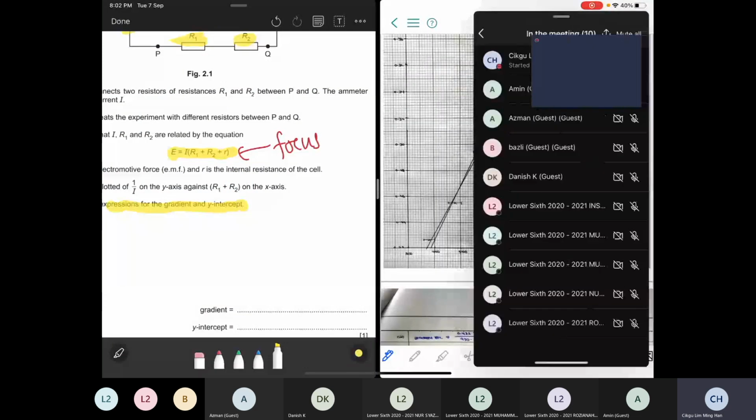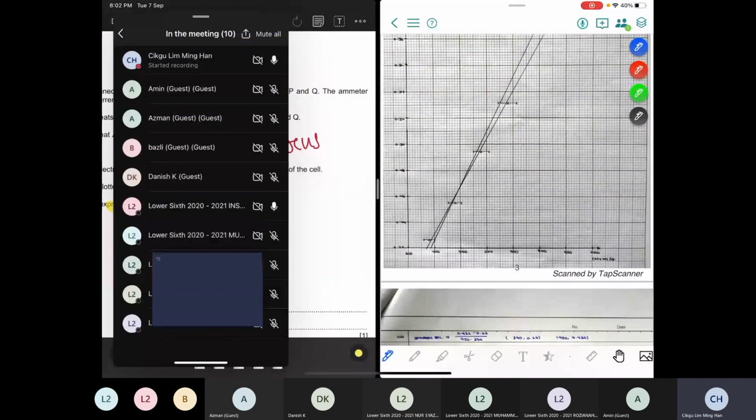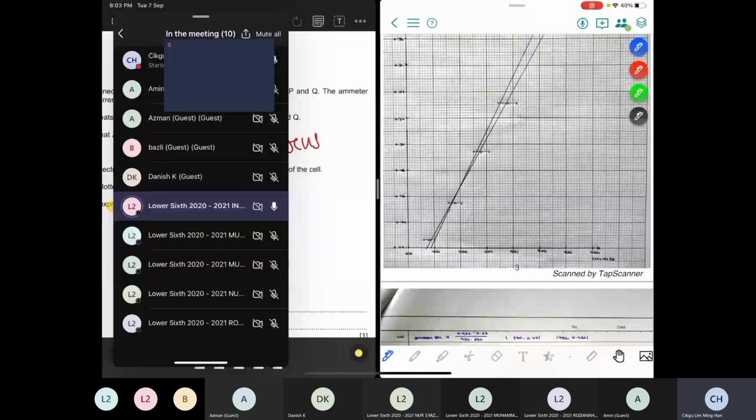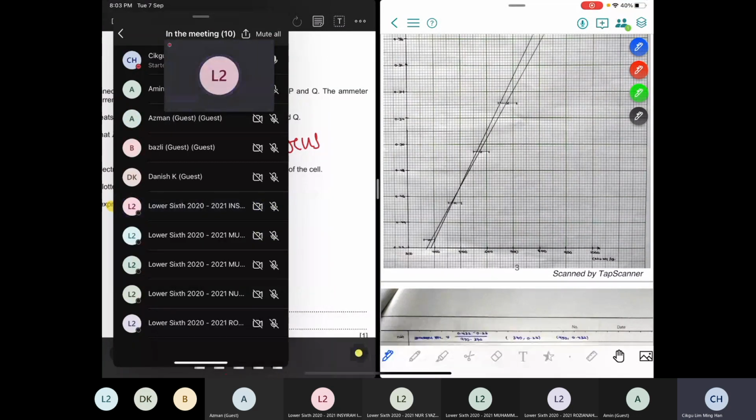Anybody already done question 2? Amin, done already? Insyirah? Yes, but there is one question not done yet, sir. Okay, it's okay, at least there is something to write. You send through the Telegram now. Okay, everybody, we hold first.